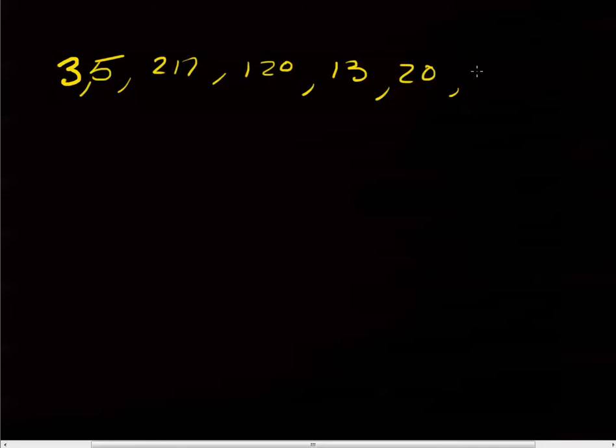So we might start with looking at this as, okay, we've got 3, 5, 217, 120, and I'm picking sort of small numbers here, but the point is that if I told you the first number is 3, you really wouldn't be able to guess that the next number is 5, or that the following number is 217. So it's a randomized sequence of numbers that is pre-generated.